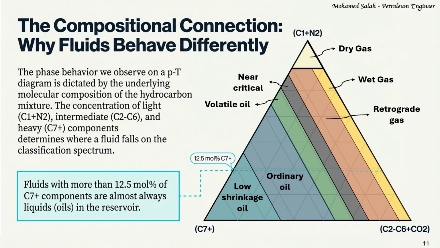Fluids rich in light components tend toward the dry gas classification, while fluids rich in heavy components, C7+, tend toward the oil classification. A key rule of thumb is that fluids with more than 12.5 mol% of C7+ components are almost always liquids or oils in the reservoir. This compositional analysis is the bridge between laboratory PVT data and the macroscopic phase behavior seen on the PT diagram.